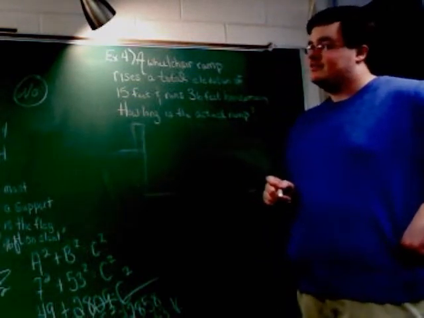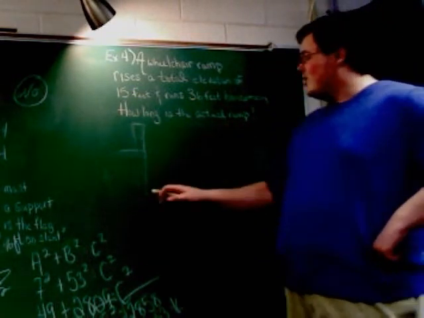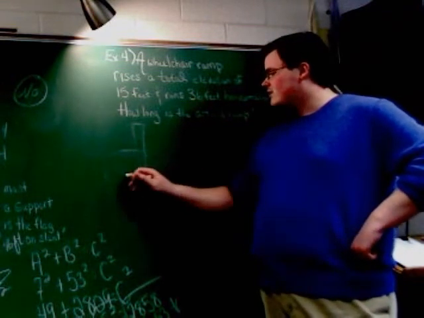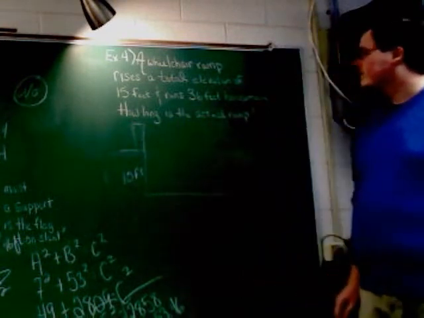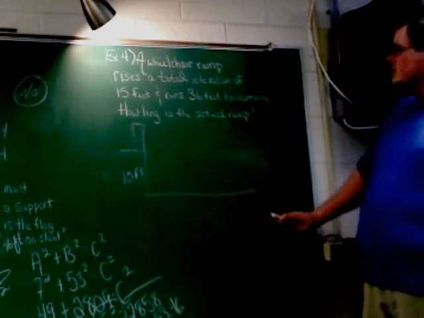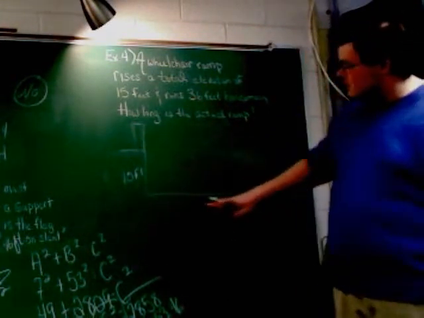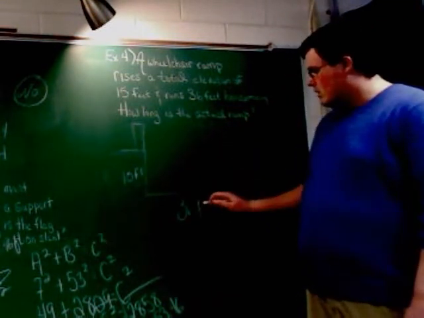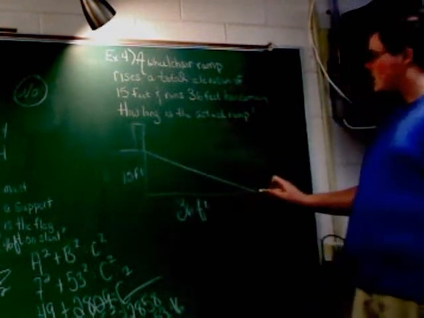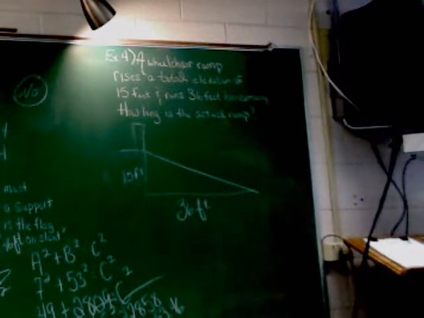We know that from the ground to the bottom of the door is 15 feet. We're told that the ramp runs horizontally 36 feet, so that's this length here. We want to know how long the ramp is.